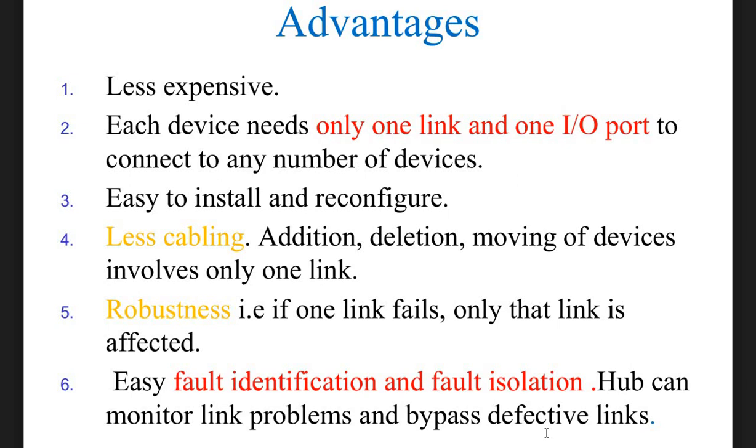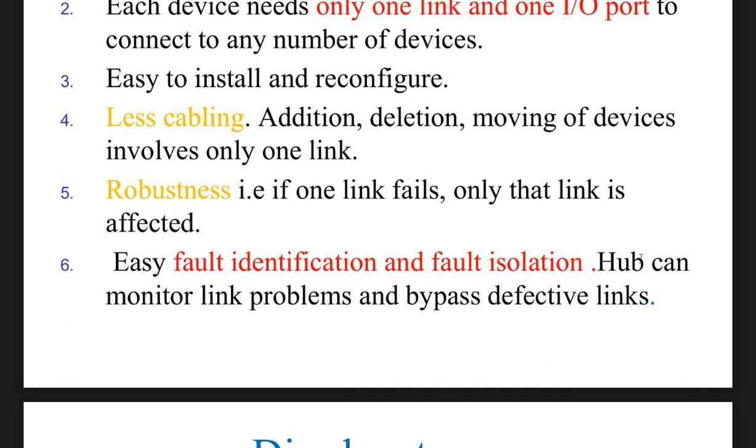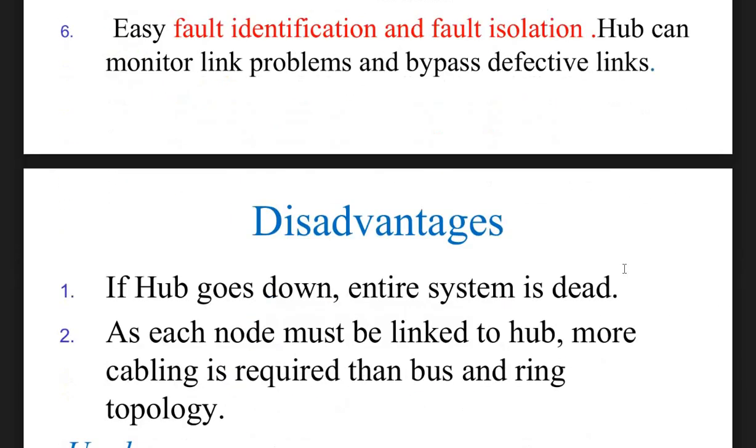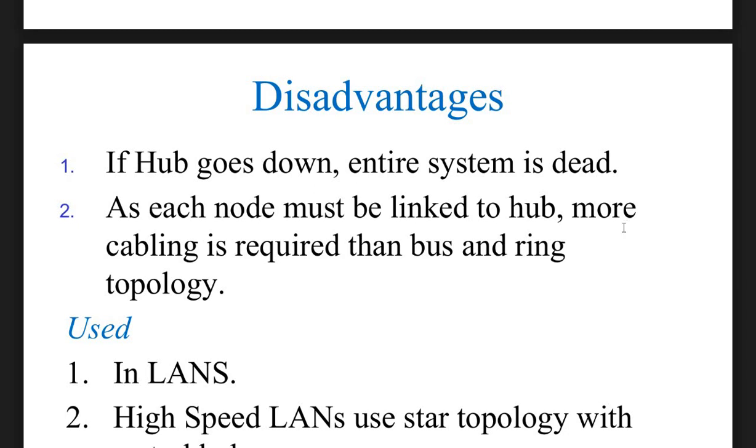If one link is not working, no issues, just go with all the other links. Fault identification and fault isolation are also very easy, because the hub can take care of it. Disadvantages: if the hub goes down, the system is dead, and without the hub you cannot create a star topology.